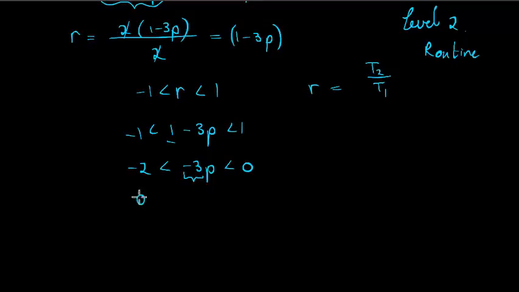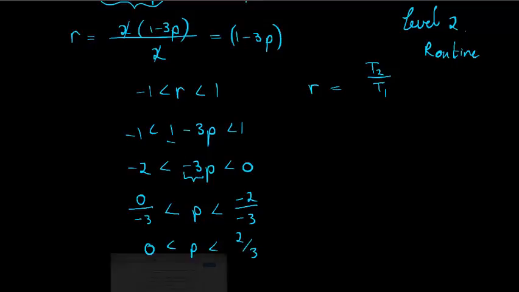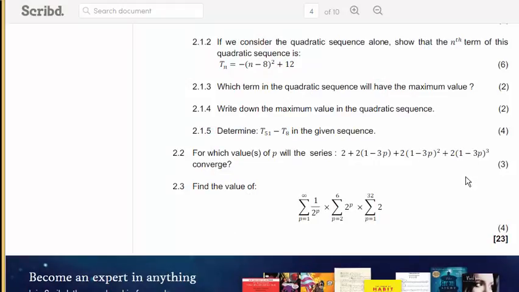So in other words, this becomes 0 divided by negative 3, smaller than p, smaller than negative 2 divided by negative 3. So in other words, p is between 0 and 2 over 3. That's the values for which it will converge.